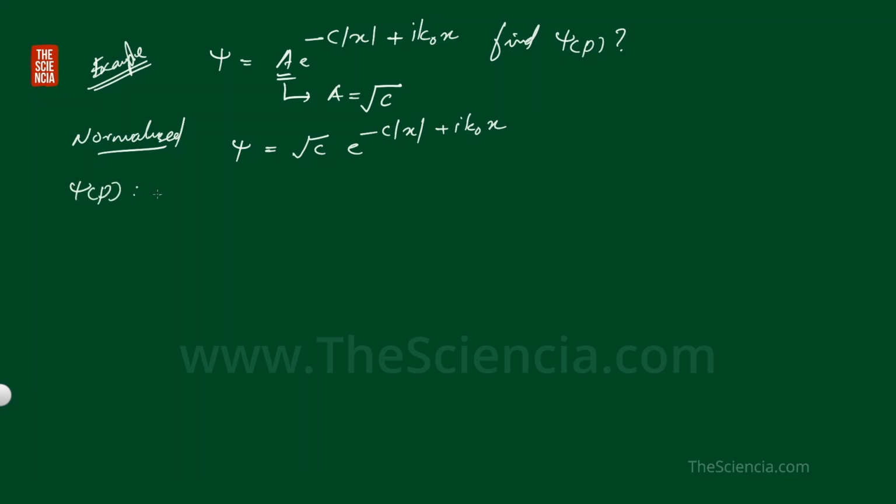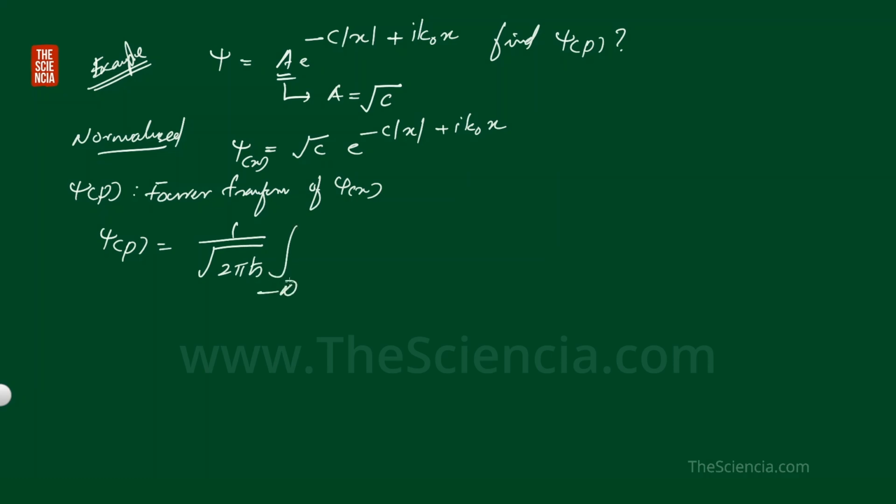So what we have to do? We have to do the Fourier transform of psi of x. This is psi of x, right? So that is psi of p is equal to, from the definition, 1 by root 2 pi h cross integral from minus infinity to infinity of f of x, that is here psi of x, e raised to minus ikx dx.